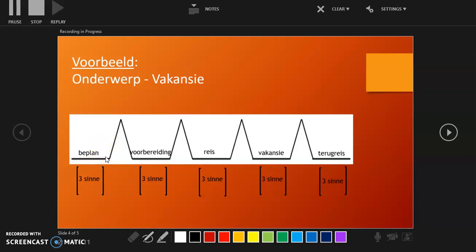Jy beplan jou vakansie. Right, so then over here, okay, over here you will write down only three sentences on planning. Goed, so jy gaan 3 sinnetjies hierso skryf oor die beplanning van die vakansie. So this is basically our first paragraph then that we will write.